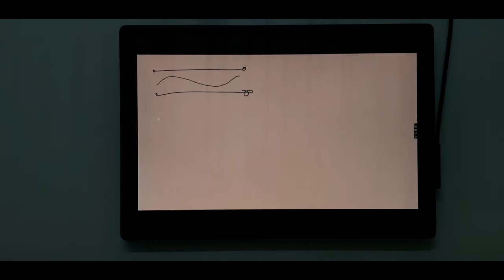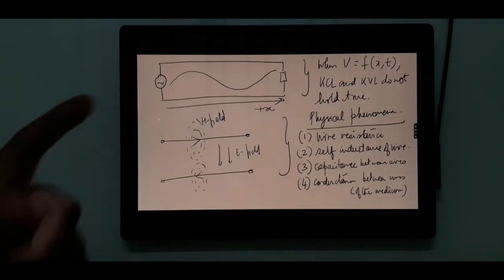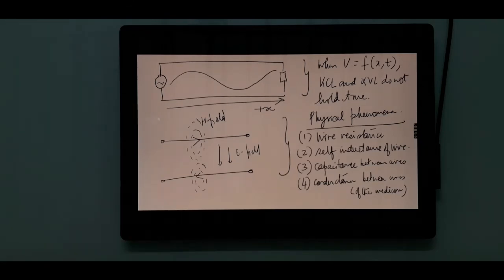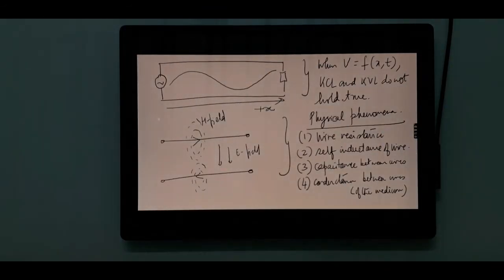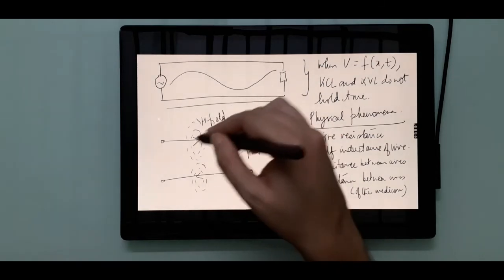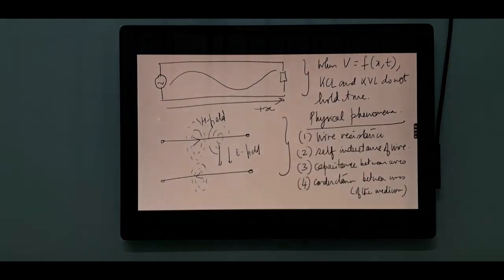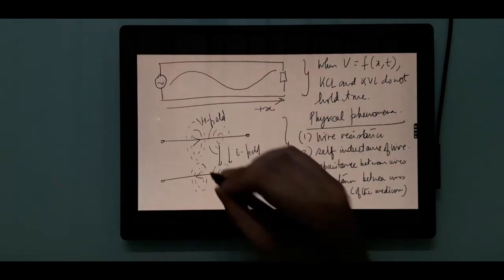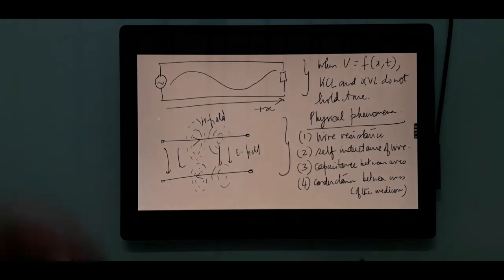We represent those four physical phenomena, that is resistance, inductance, capacitance and conductance, not just as a total phenomenon, but as something that is distributed along the line. And this makes sense because magnetic fields do not exist at one point. In fact, they exist throughout. Here, here. The E fields exist throughout the length of the wire. They are not just limited to one spot.